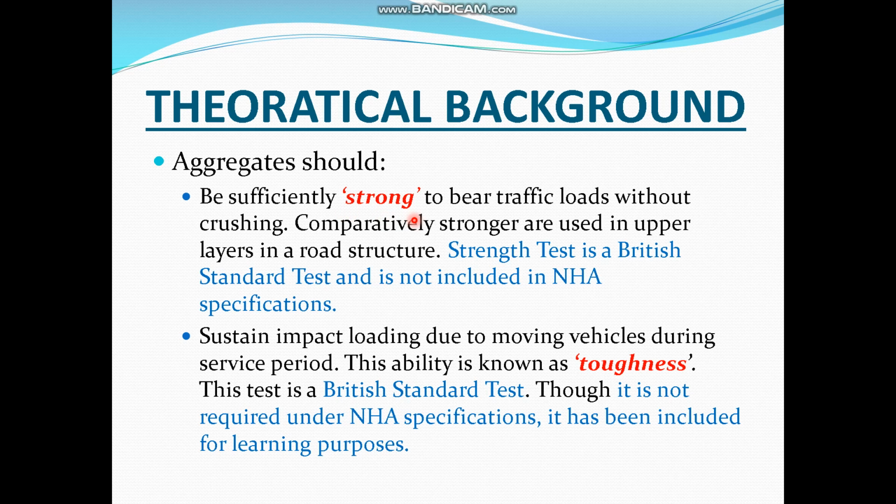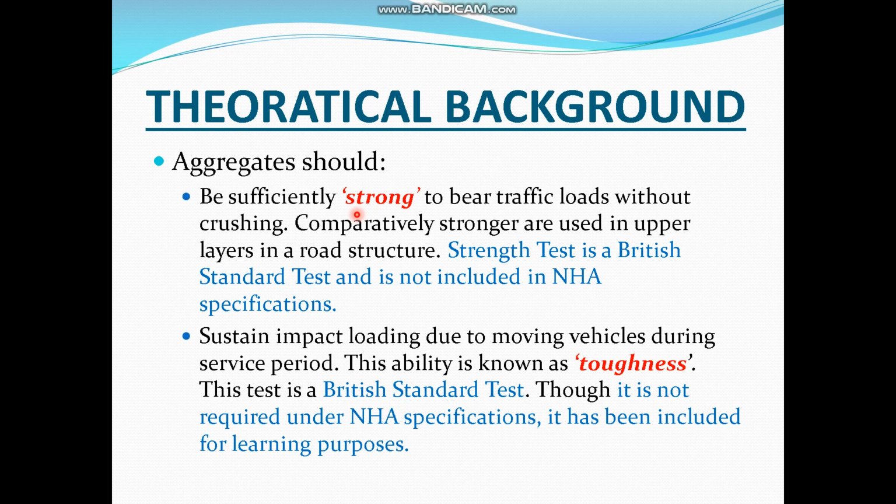Then there is the strength criteria, which we will not be discussing in detail in this course, but just to let you know, aggregate is placed in a cylindrical mold in 5 different layers, and tamping is done in a similar fashion as in the impact value test. The tamping method will be shown in the coming demonstration video.